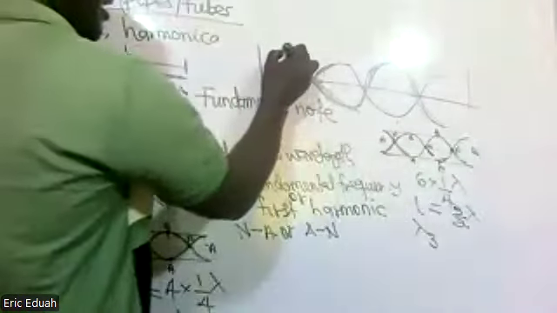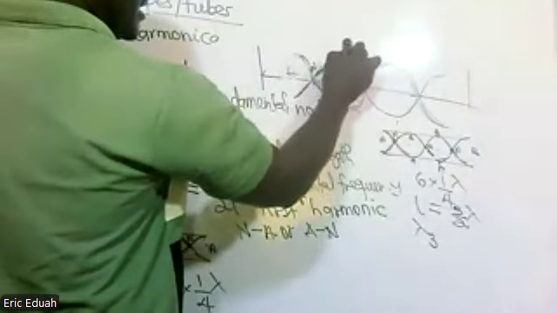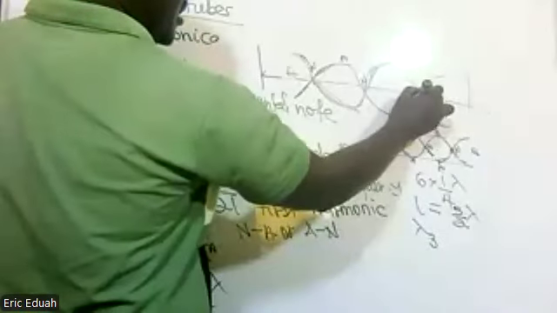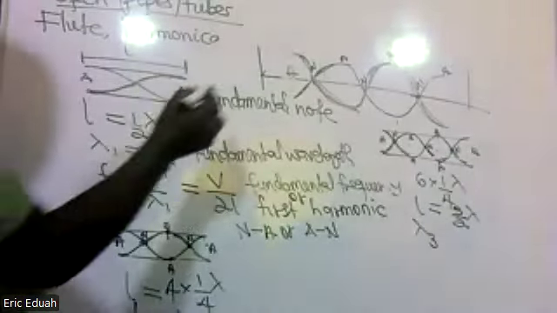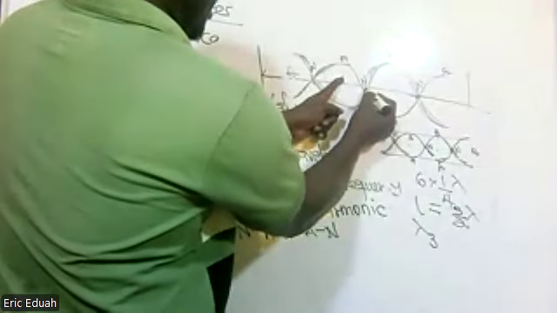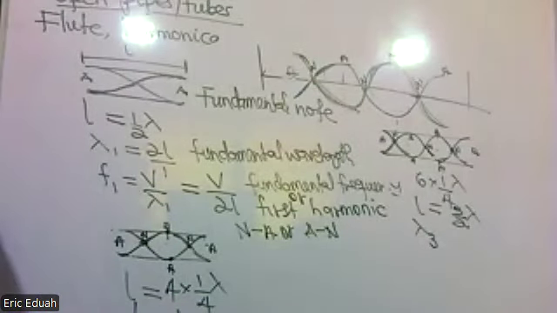So antinode, node, antinode, node, antinode, node, antinode. So 1, 2, 3, 4, 5, 6. You should get 6. Check well. You should get 6.